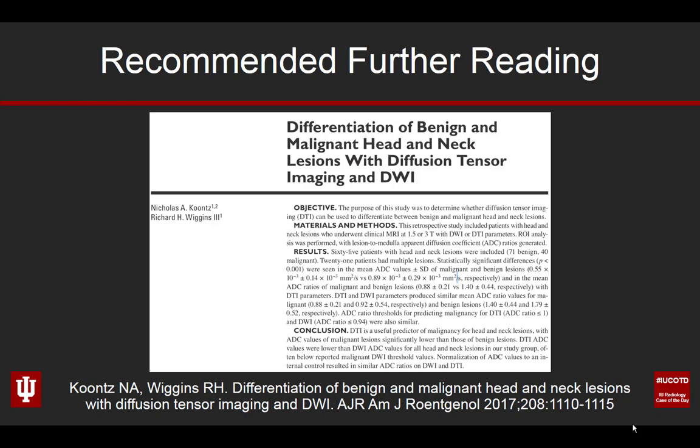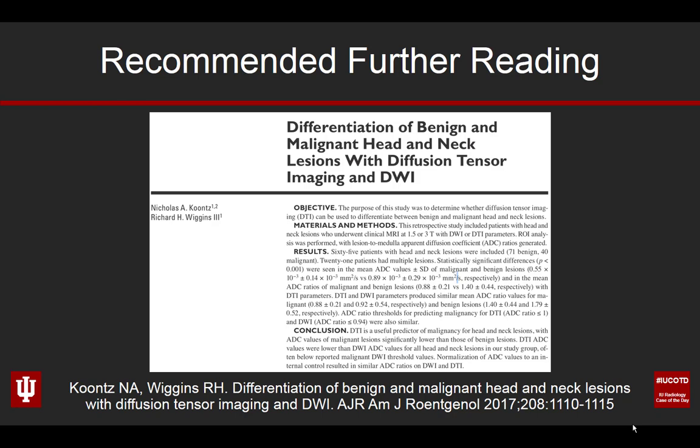A little further reading, this is a paper that Rick Wiggins and I wrote a few years back, and it's just looking at the utility of diffusion-weighted imaging and diffusion tensor imaging for helping to differentiate benign and malignant head and neck lesions. It's not a perfect paradigm, but it's something that can be a nice adjunct tool in addition to your other pulse sequences for trying to figure out whether or not something is benign or malignant.